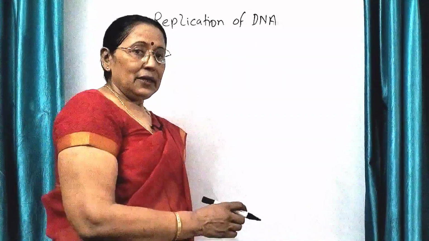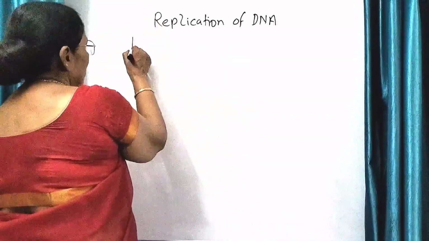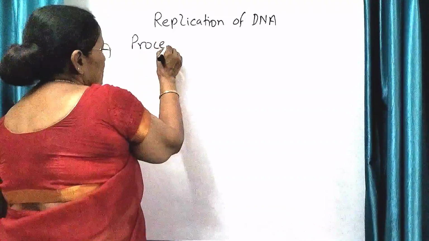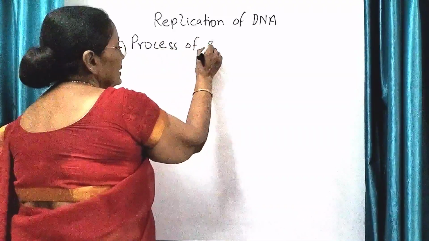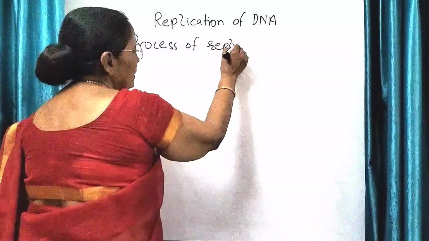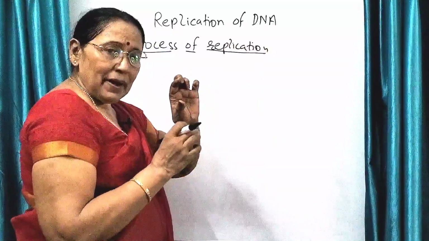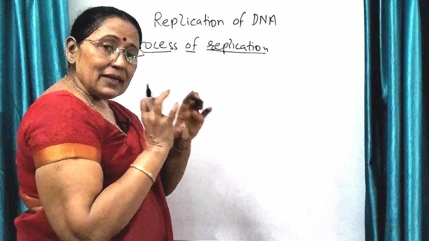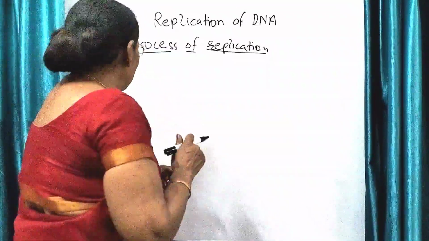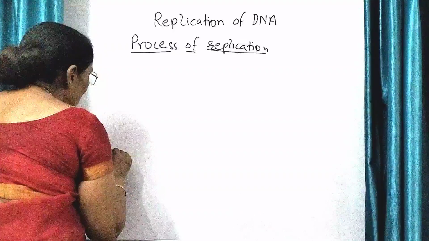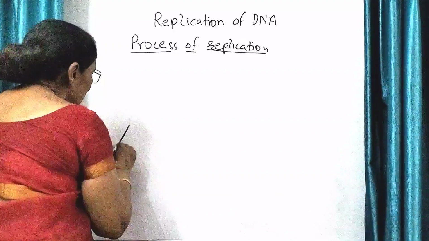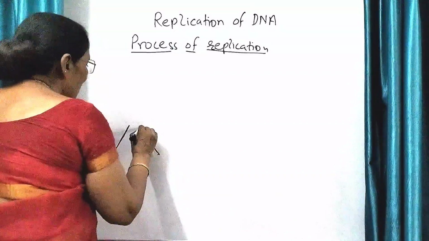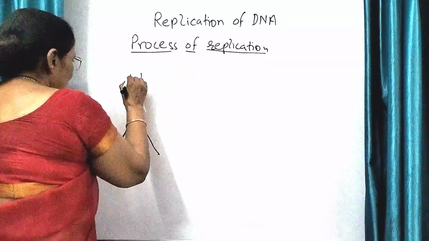Now let us start with the process of replication. Students, the DNA molecule is a very long molecule. It only opens up at a particular small place, and this gives rise to a fork-like structure called the Y fork.